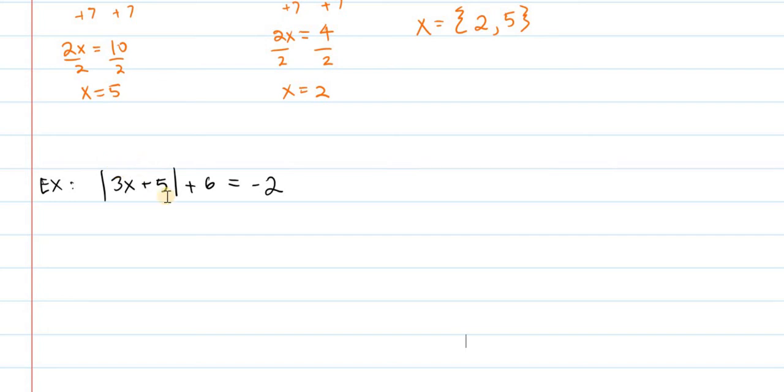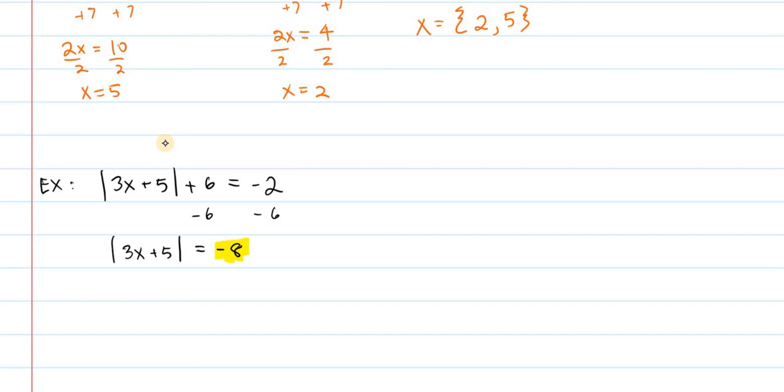But I need to first isolate this absolute value. So in this case, I'm going to isolate by subtracting 6 from both sides first. So I have absolute value of 3x plus 5 equals negative 8. Now I have an absolute value that is equal to a negative number.